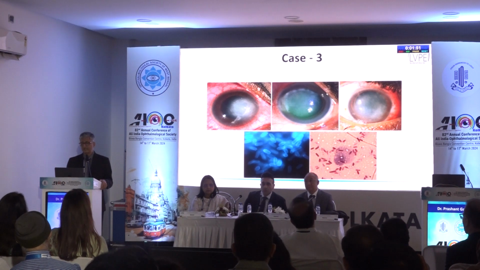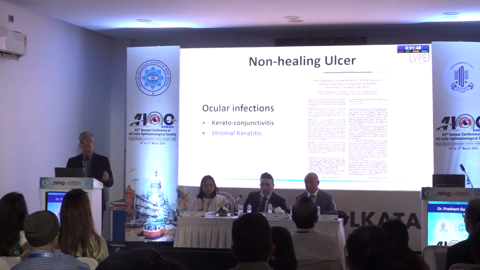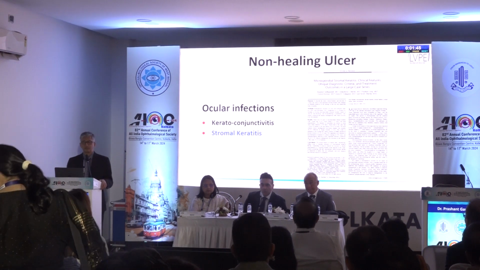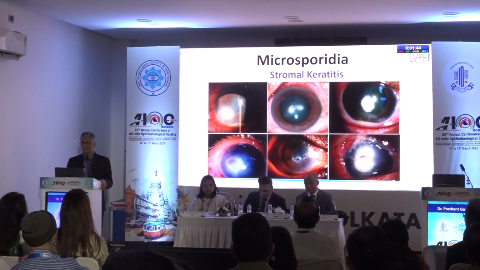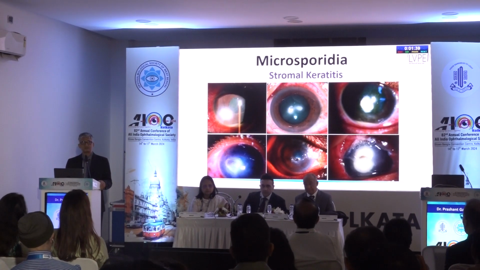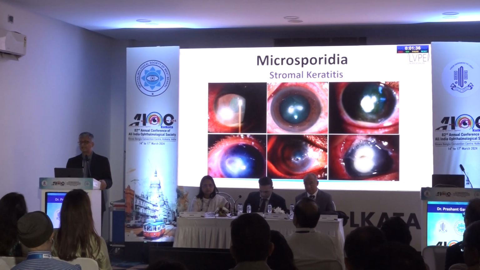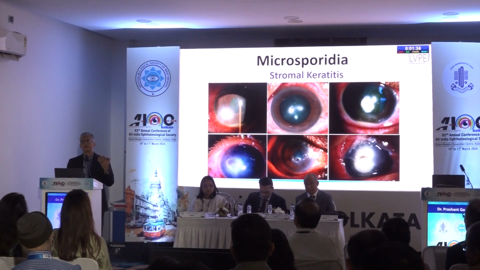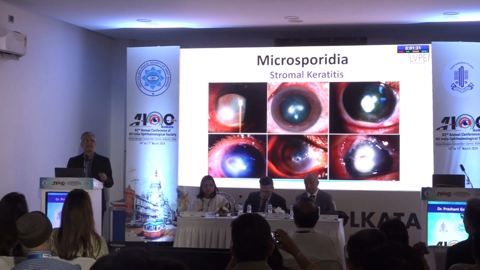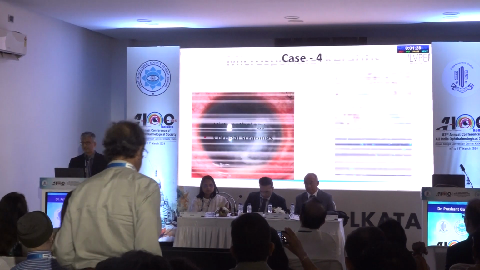They finally had to undergo penetrating keratoplasty. So we learned a lot from the microsporidia, and now we have published multiple papers describing clinical features of microsporidia. One thing that stands out very clearly in establishing the diagnosis is a prolonged history, and that helps you catch and suspect this organism.